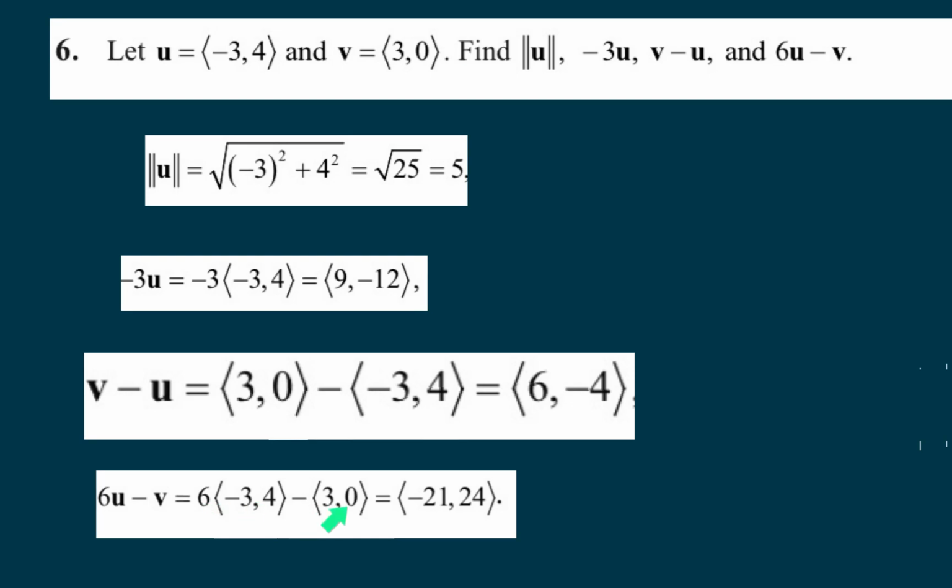Minus 18 minus 3 is minus 21. And 6 times 4 is 24, minus 0 is 24. So the vector 6u minus v is minus 21, 24.